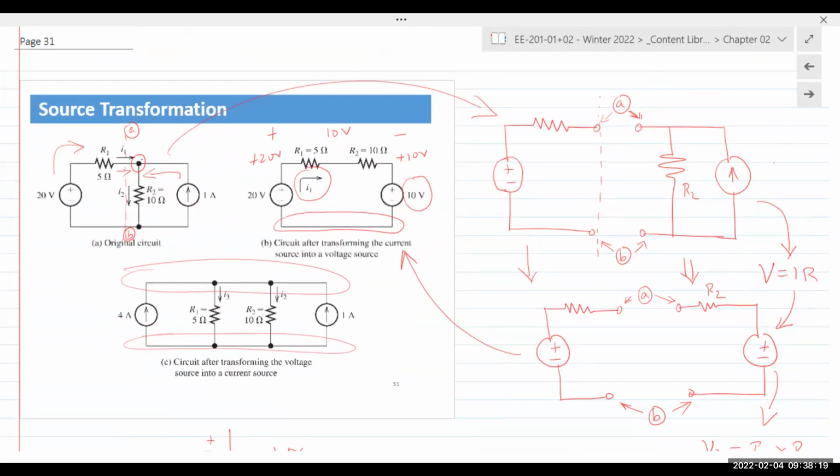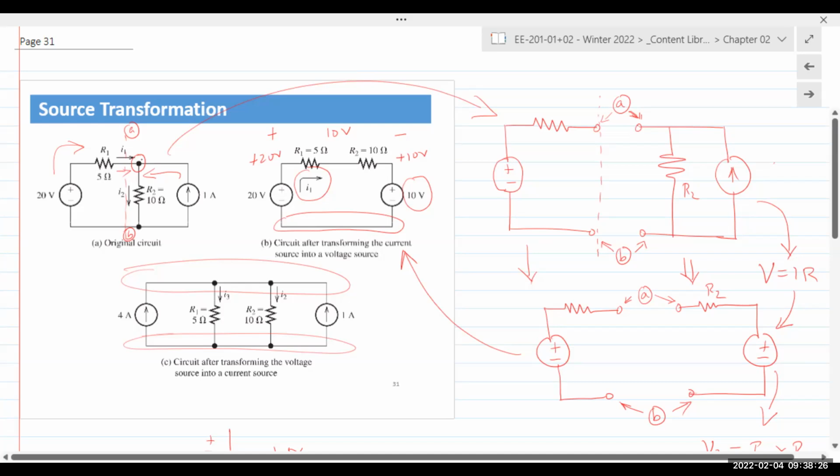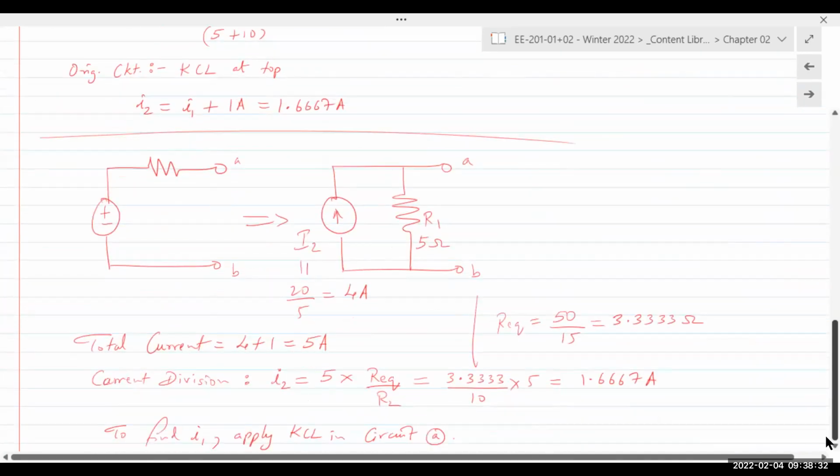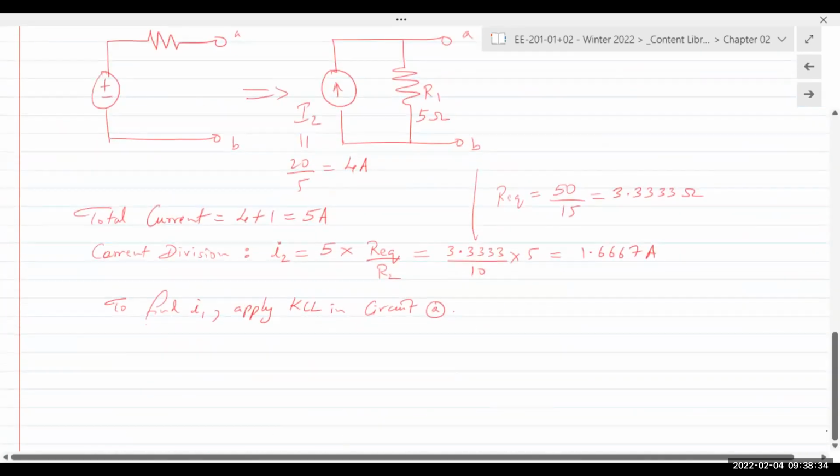So I2 minus 1 amp would give us I1. 1.667 minus 1 gives us 0.667, the same answers we obtained earlier. And that is source transformation.